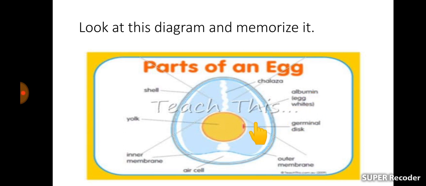If you crack an egg, the yellow part is the yolk, the white, transparent part is the albumin, and if you cook the albumin, it turns white. And this part is known as the shell.